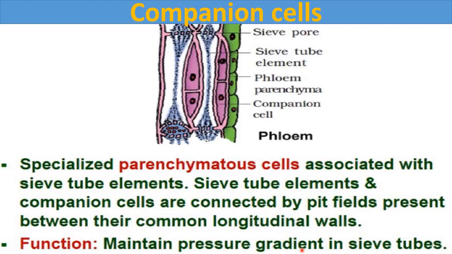As you know, the function of the sieve tube element is to transport food, and for the transportation of that food there is a requirement of pressure, because only with the help of that pressure can the food be transported. And how is this pressure gradient maintained? It is maintained by companion cells, right? So the function of the companion cell is to help in the transportation of food through the sieve tube element by maintaining the pressure gradient.